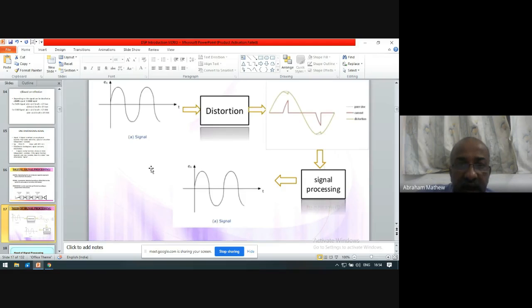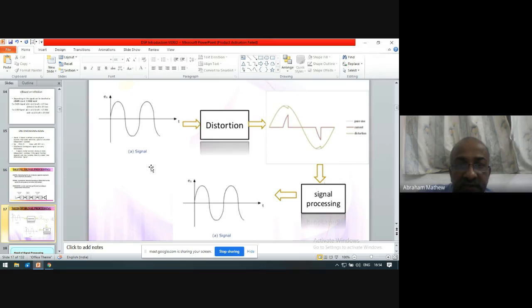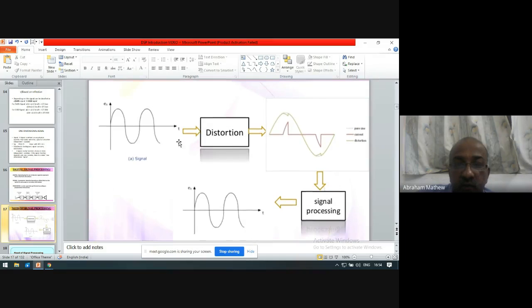What is the advantage here is we can remove various distortions that arise at the time of capturing information, or various noises that are incorporated during transmission.